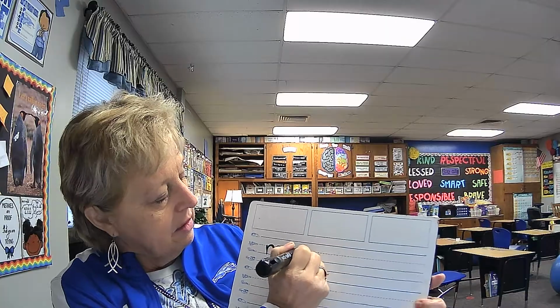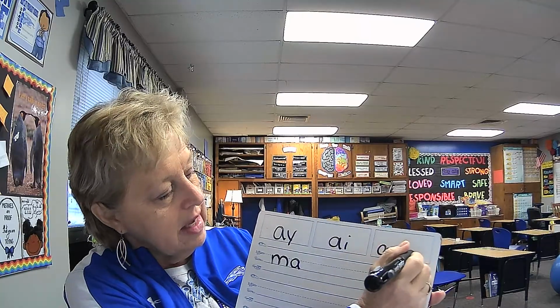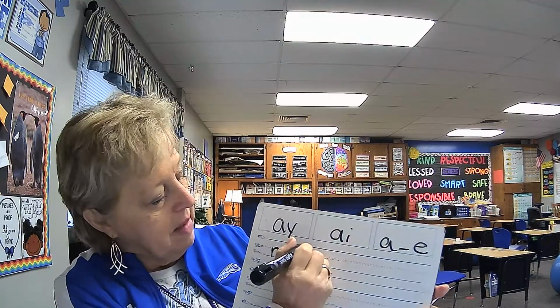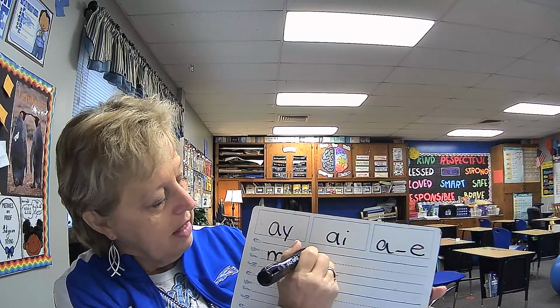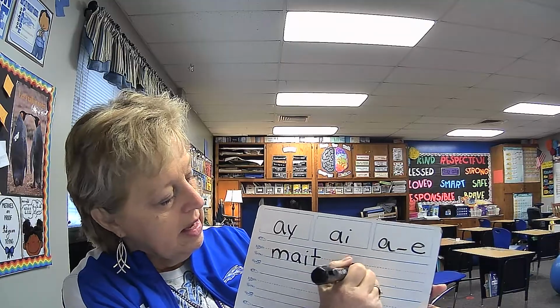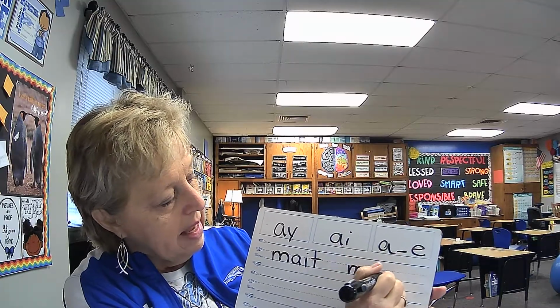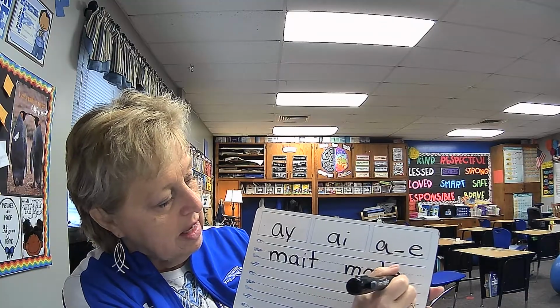I forgot to put my AY, AI, and A consonant E at the top. Mate, we'll start with AI because it can't be AY because there's a T at the end. Mate, and let's write it this way, M-A-T, and then put the consonant E.